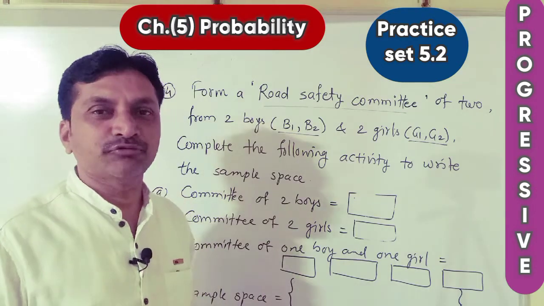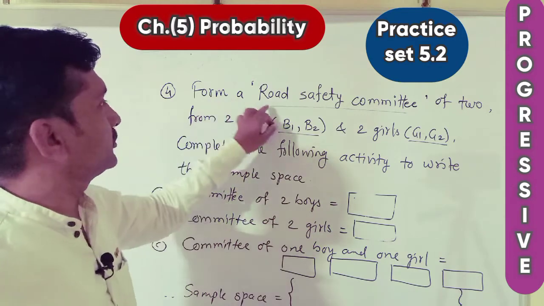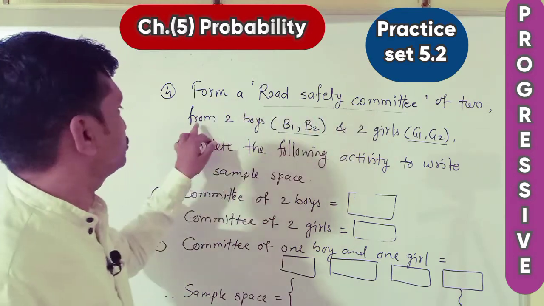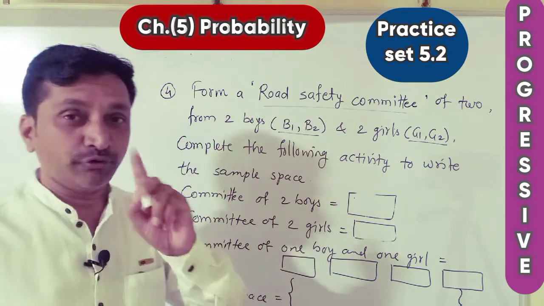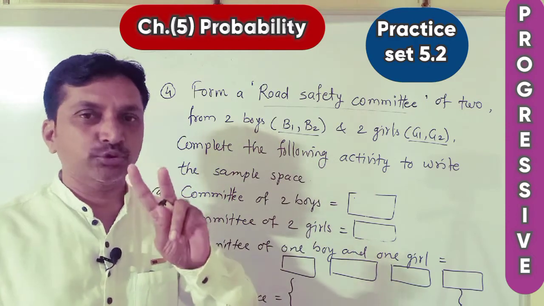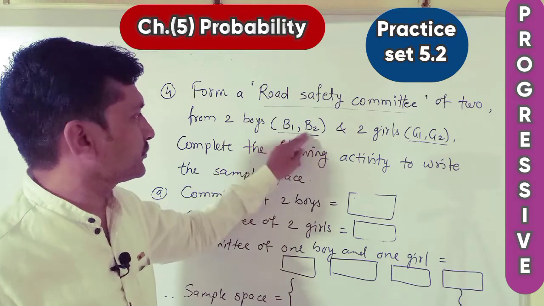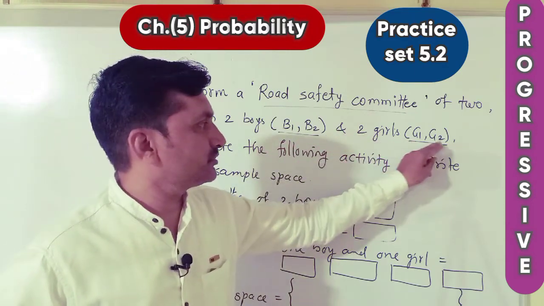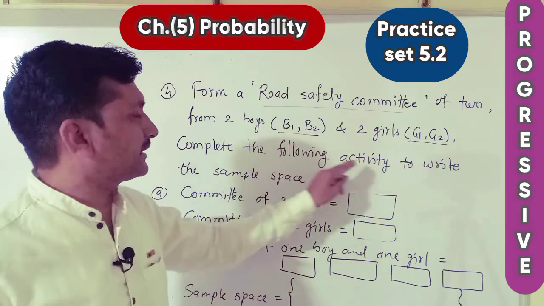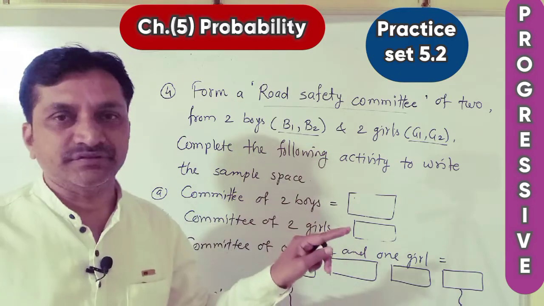Let's see example number 4. Form a road safety committee of two members from 2 boys, B1, B2, first boy, second boy, and 2 girls, G1, G2. Complete the following activity to write the sample space.